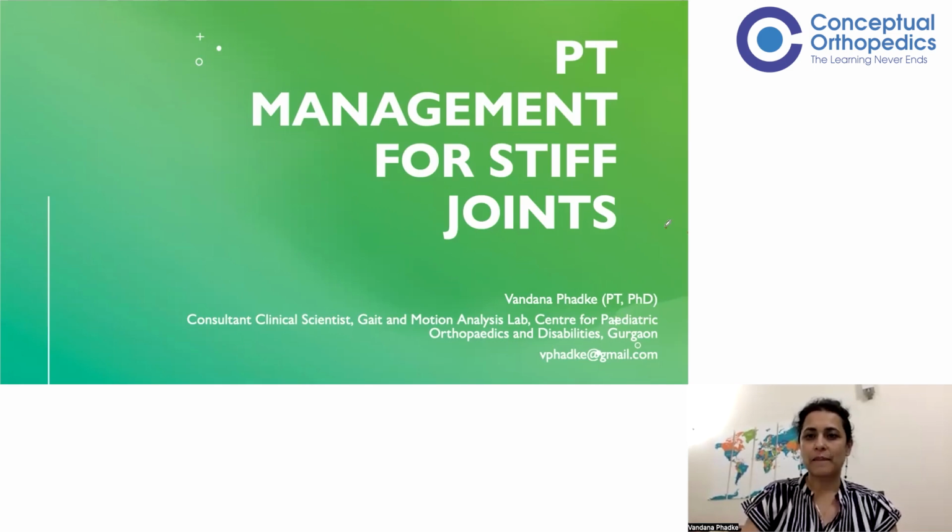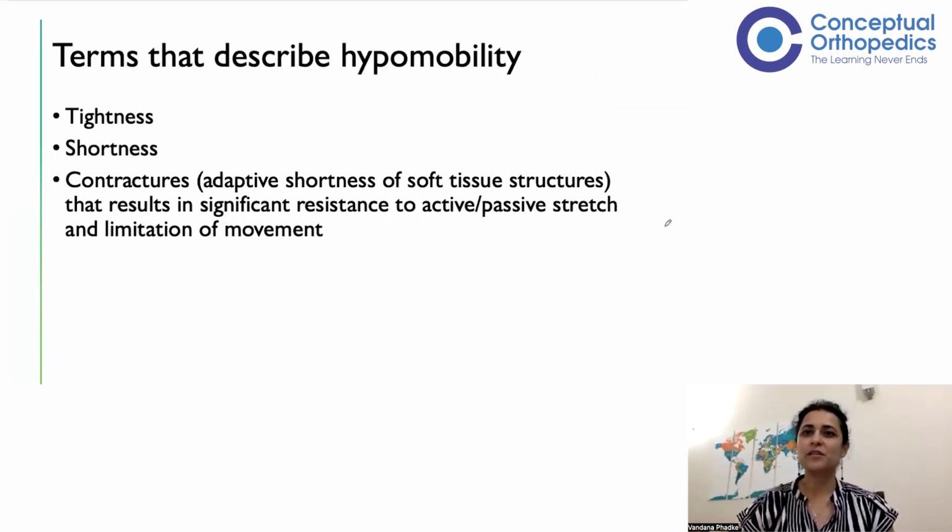So moving ahead, when I'm going to apply my techniques to improve mobility, when there is reduced mobility, the term varies across textbooks or across regions, from just tightness, soft tissue tightness or muscle tightness, to shortness of muscles, to contractures, again a term which is used.